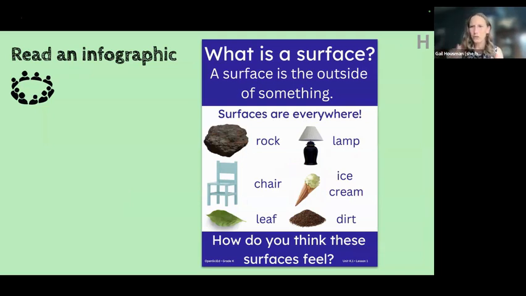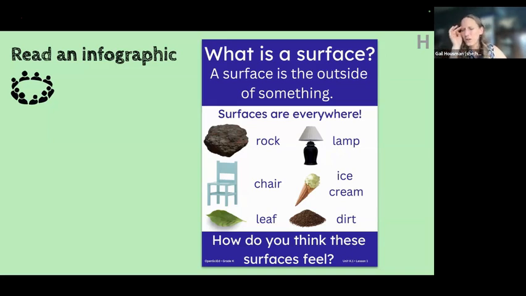I'm just going to read this infographic to us. It says, what's a surface? A surface is the outside of something. Surfaces are everywhere. There's a rock, a chair, a leaf, a lamp, ice cream, dirt. Those surfaces are everywhere. And we can think, how do we think these surfaces feel?